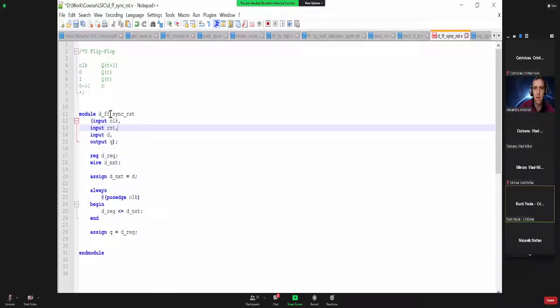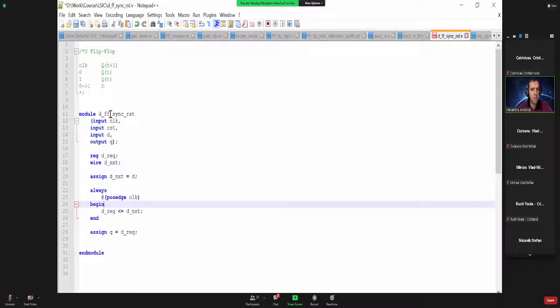Clear. Okay, it makes it zero. The formal definition is that it puts the output of a sequential element to a known state. The most used known state is of course 0.